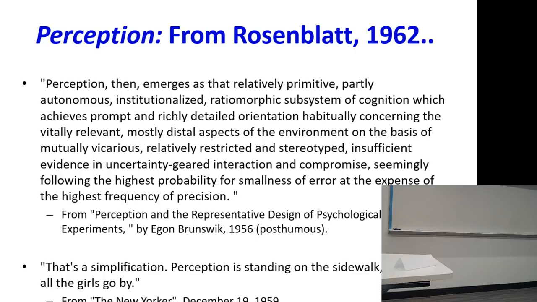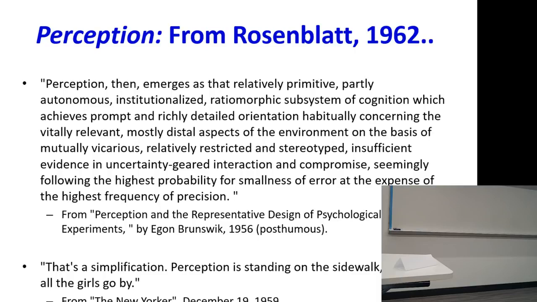And here's a very nice long description of what perception is. Perception then emerges as that relatively primitive, partly autonomous, institutionalized, ratiomorphic subsystem of cognition which achieves prompt and richly detailed orientation, habitually concerning the vitally relevant, mostly distant.